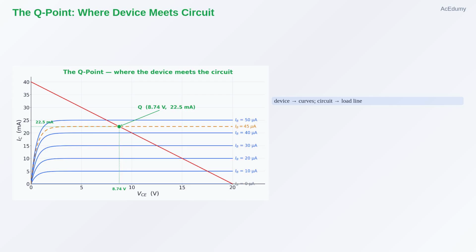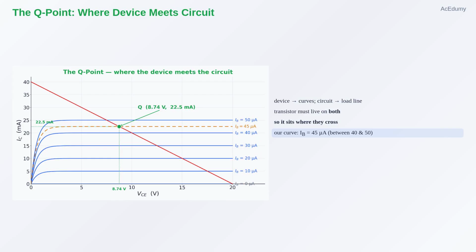Lay the line right on top of the curves. The transistor must live on its curve, and it must also live on the load line, so it sits exactly where they cross. Which curve? The one for our base current, 45 microamps, sitting between the 40 and the 50. Follow the load line until it meets that curve and drop down to the axes.